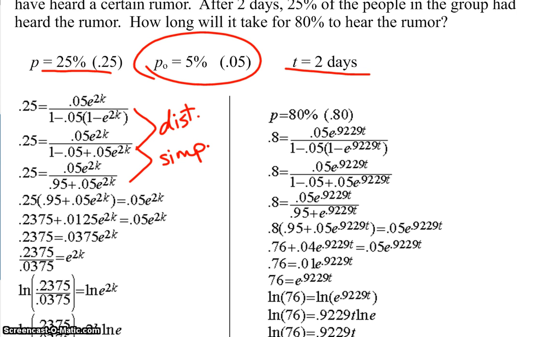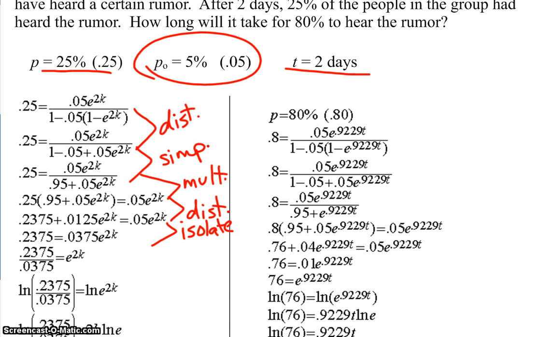On the next line, what I did was I multiplied to eliminate the fraction. On my next line down, I distributed again. To get the next line, what I did was I subtracted 0.0125 e to the 2k on both sides. So I was isolating my variable.